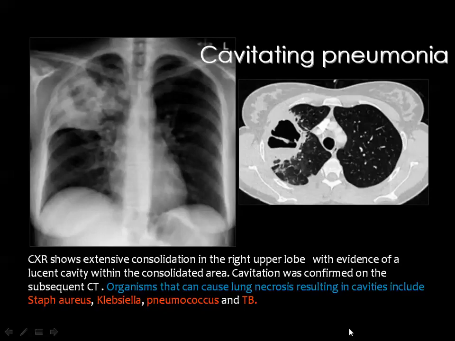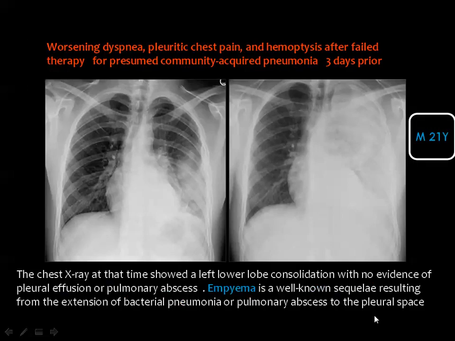And actually, pneumonia may cavitate into a lung abscess, and this can be well demonstrated by CT, as you can see here. And it's worth mentioning that organisms that can cause lung necrosis resulting in cavities are Staph aureus, Klebsiella, pneumococcus, and TB.